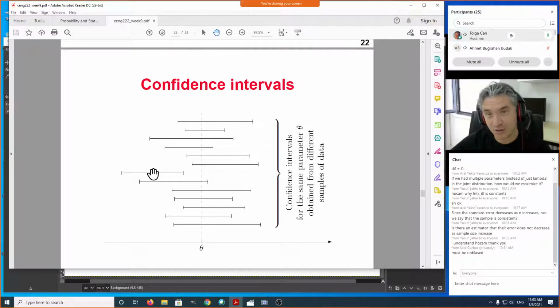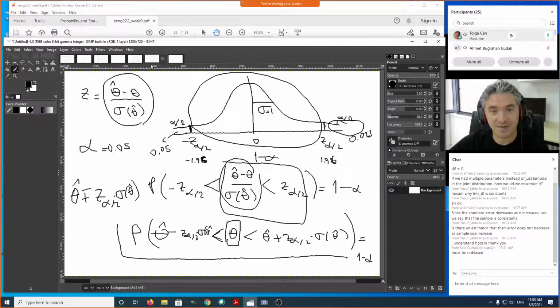So by saying that with this confidence level this interval contains theta, there's a 0.05 probability that the actual theta is not in your interval. Okay, and this all comes from this derivation that we did here.